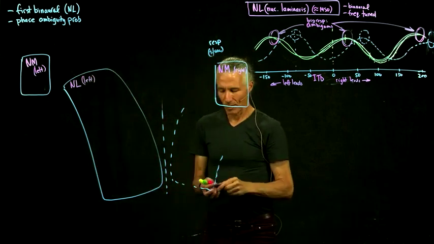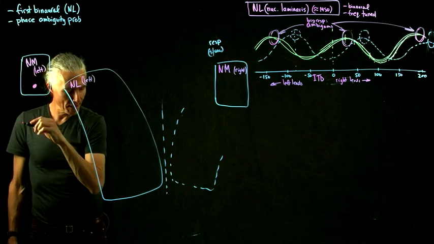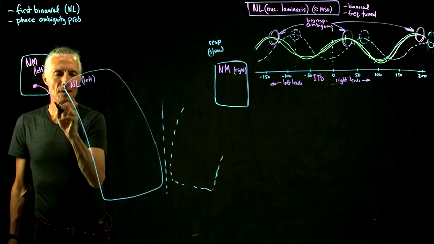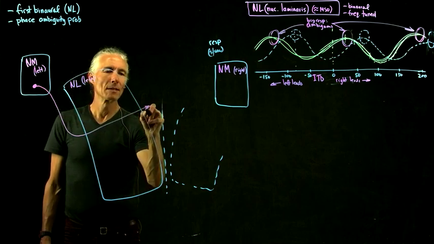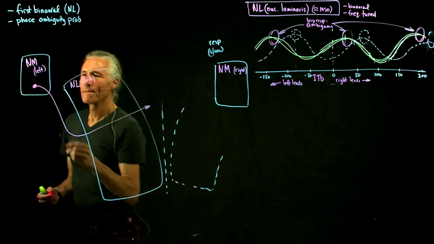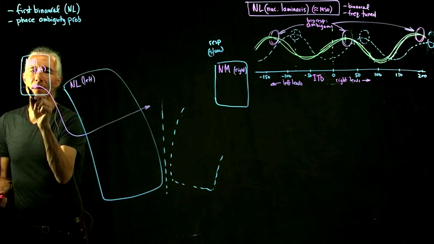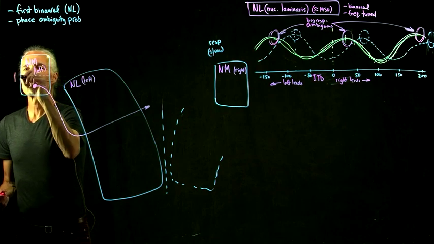So the connections were: here's a cell, and it comes in to the nucleus laminaris and runs across it, like that. Now remember, there's a frequency map here. So frequency is going in this direction.